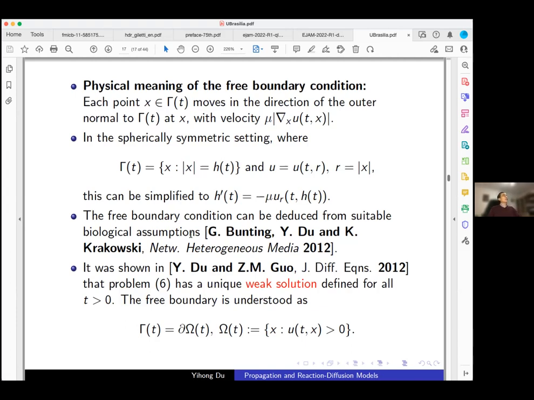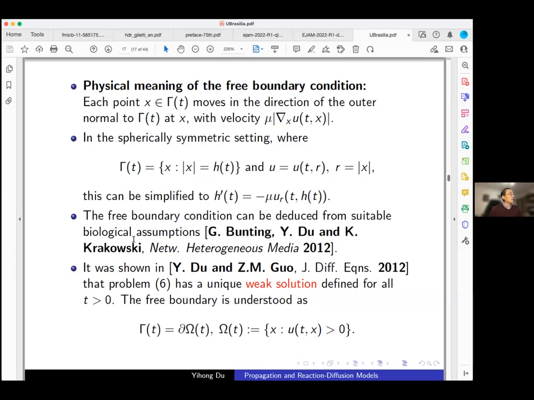We assume that at the spreading front, in order to expand the population range, the population makes some sacrifice, so that the rate of expansion is proportional to the loss of population there. If we make this biological assumption, we can derive this kind of free boundary equation.